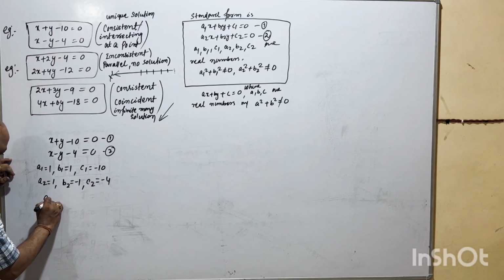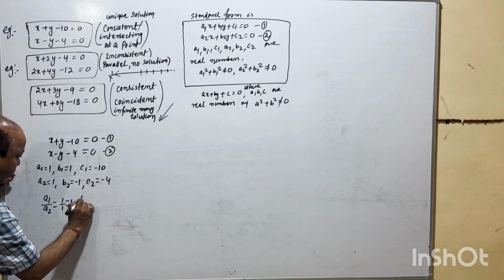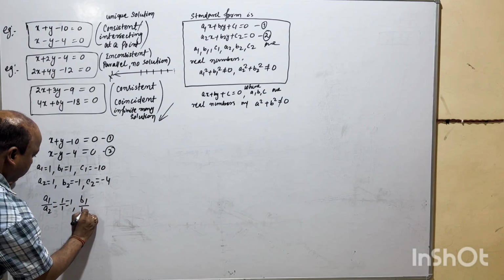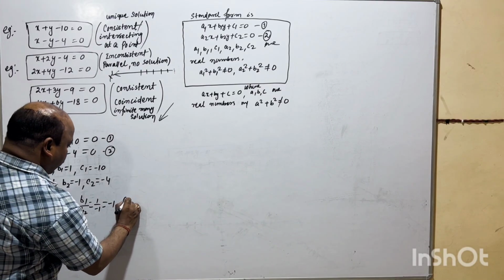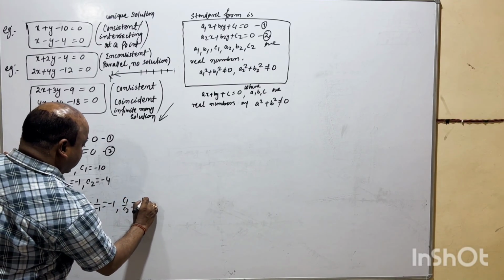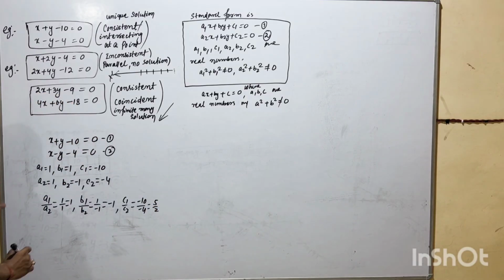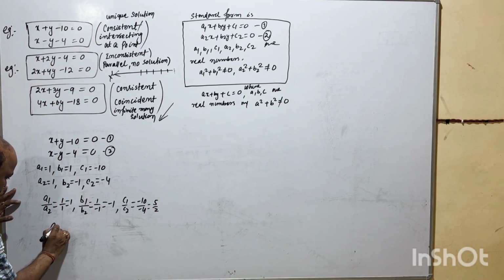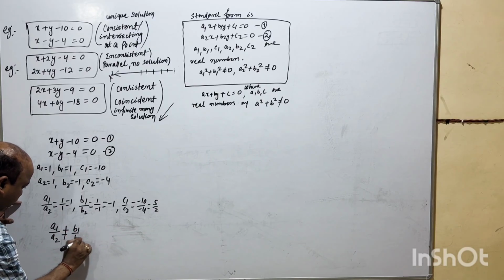So a1 by a2, you find the ratio 1 by 1, it is 1. b1 by b2, 1 by minus 1, it is minus 1. And c1 by c2, minus 10 by minus 4, it is 5 by 2. So what to conclude? a1 by a2 is not equal to b1 by b2.